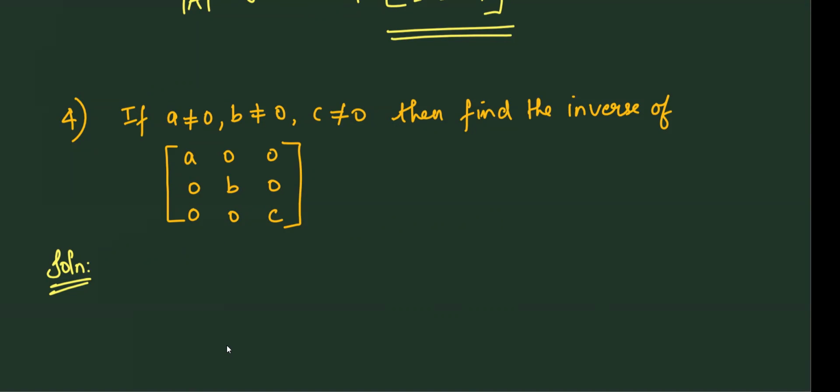Okay. So let us find this quickly. A is A 0 0, 0 B 0, 0 0 C.